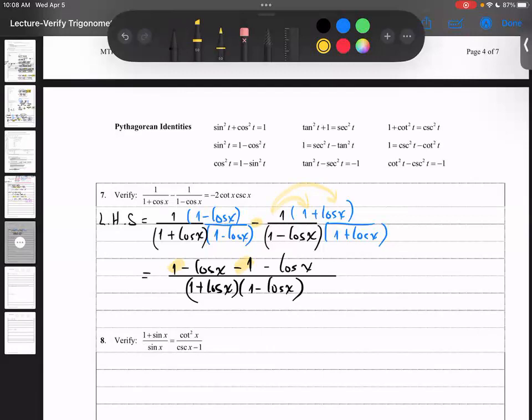Negative cosine x minus cosine x is what? Yeah, negative 2, right? No, I hope nobody multiplied them, right? We have subtraction and addition here. So equal minus 2. Think of it as 1 here, 1 here. Minus 2 cosine x.